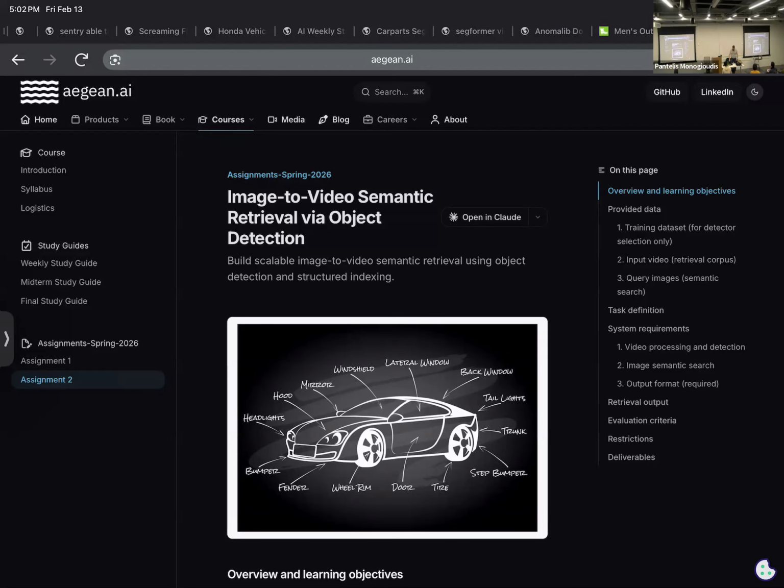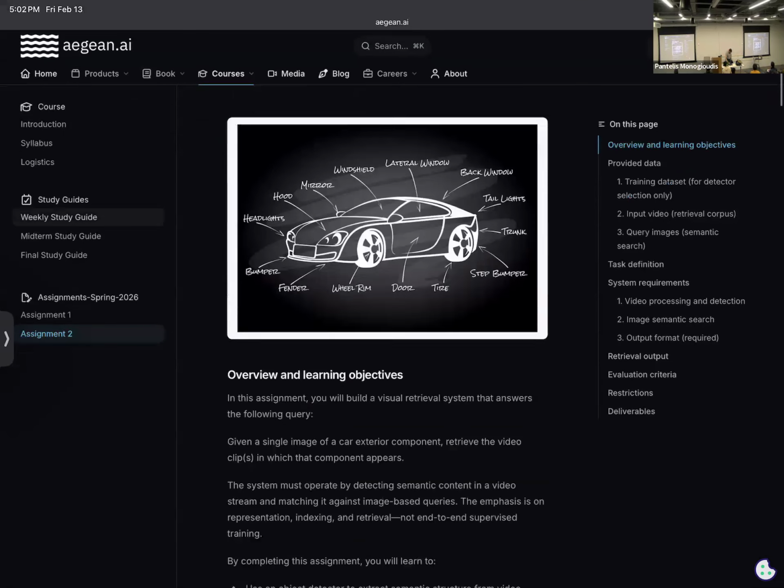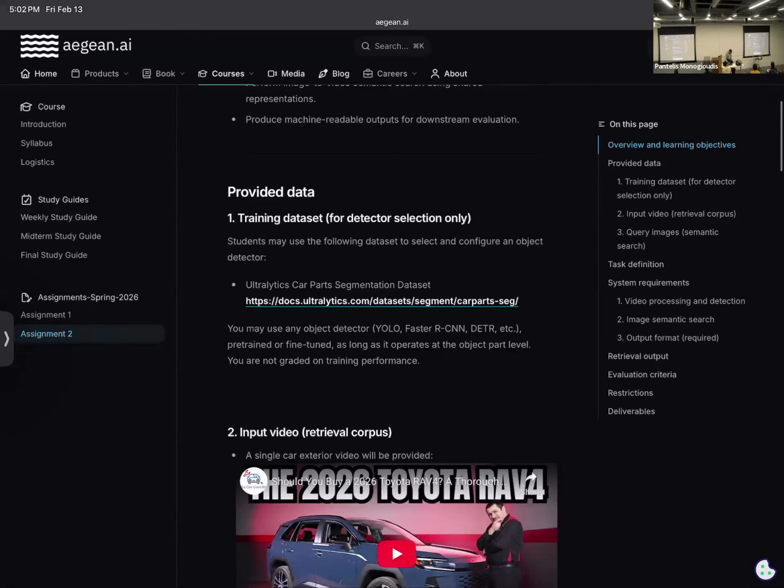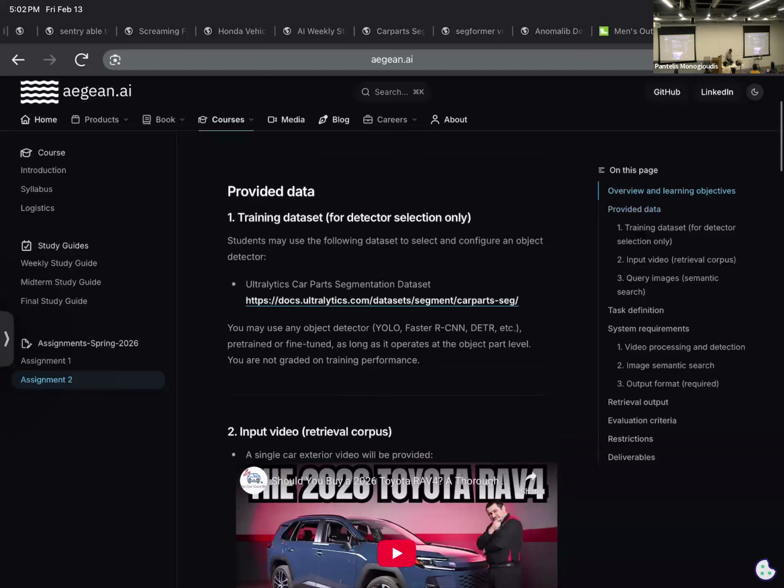And it goes as follows. We are going to give you a training data set. Together with a well-known object detector, our task here is not to develop an object detector from scratch, but just to use one.